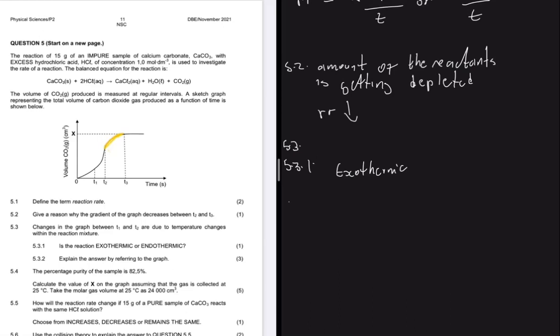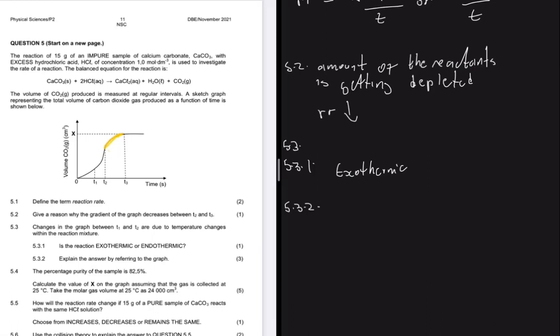Okay, so let me go a bit deeper on that and further try and explain the concept. In an exothermic reaction, there's a temperature change within, right? The temperature within increases. And then we know that if we increase the temperature in a reaction, the reaction rate goes up, right?